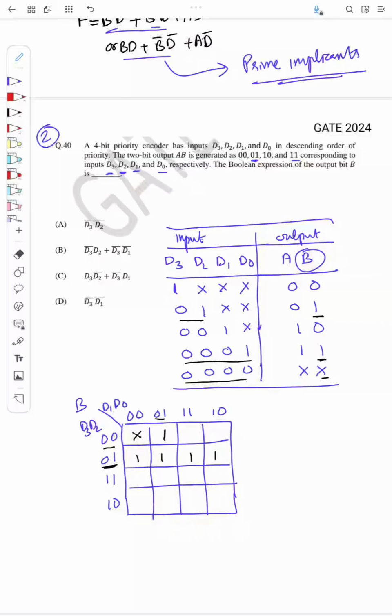Okay, so we can club this. If I club this, I can club like this and like this. So what will be B here?